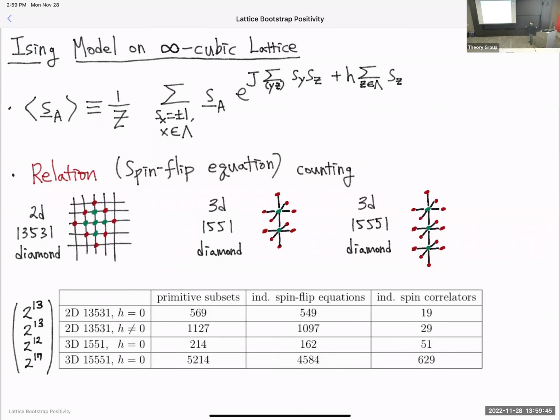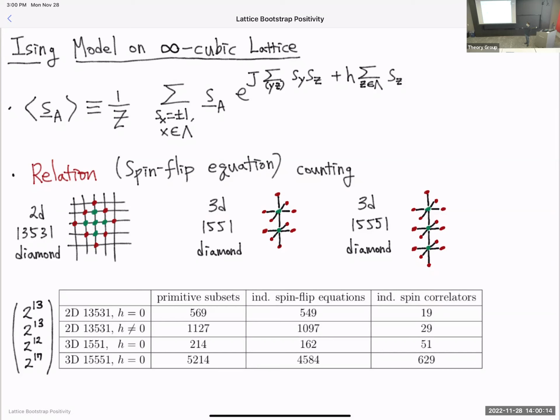So let me give you some idea about the counting. Okay. So in 2D case, we considered something we call 13531 diamond. Okay, why diamond? So look at this inner green diamond. This is 131 diamond. If we take a spin flip at any of these locations, because of nearest neighbor interaction, its spin correlator is going to involve something that's stretching by one side, following its neighbors.